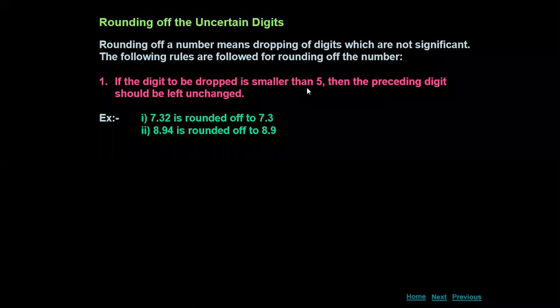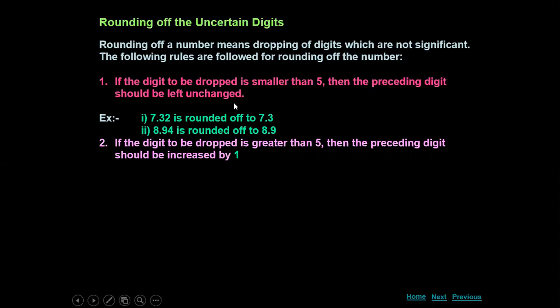We have seen the digit to be dropped is smaller than 5. If it is greater than 5, what we will do comes in the second rule. If it is greater than 5, we will raise the preceding digit by 1. What is the preceding digit here? For 2, the preceding digit is 3; for 4, the preceding digit is 9. In place of this 2 and 4, if there is a digit more than 5, this is the second case.